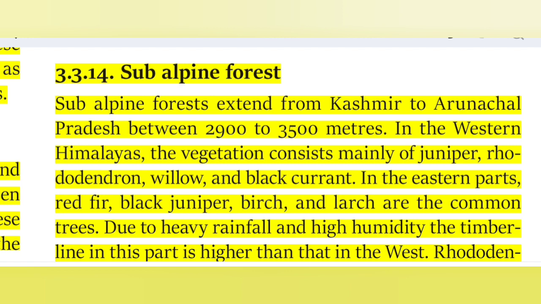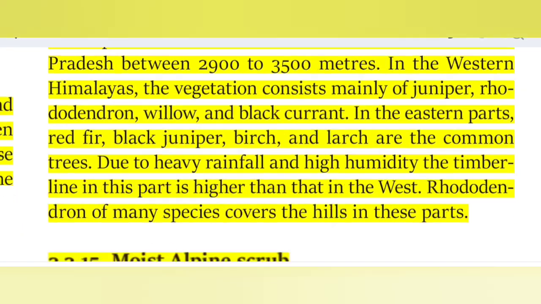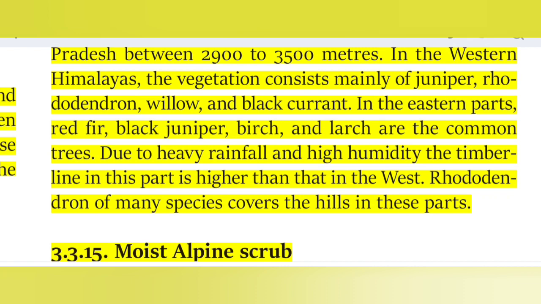In the western Himalayas, the vegetation consists mainly of juniper, rhododendron, willow and black currant. In the eastern parts, red fir, black juniper, birch and larch are the common trees. Due to heavy rainfall and high humidity, the timber line in this part is higher than that in the west. Rhododendron of many species covers the hills in these parts.